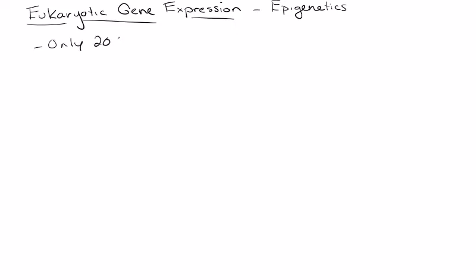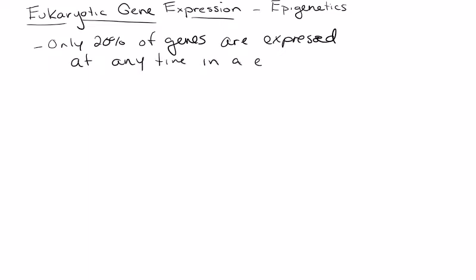Only about 20% of genes are expressed at any one time in a eukaryotic cell. So again, we've talked about this idea of all DNA is the same. Every cell in your body has the exact same copy of DNA.